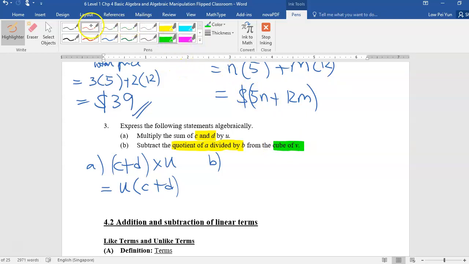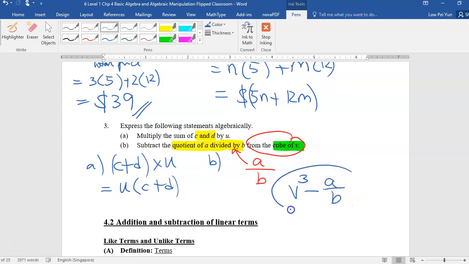Quotient of A divided by B. We need to subtract this from cube of V. So my answer is going to be subtract from the cube of V my quotient of A divided by B. This is my answer for part B. Okay? If you don't understand, you can ask your teacher to explain it to you again.